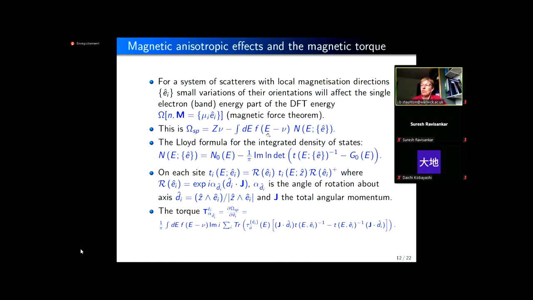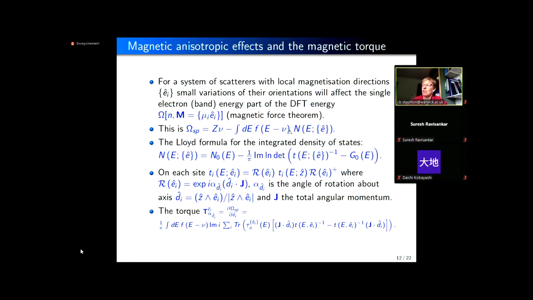But one can then carry out an integration by parts to re-express this. So now we've got the total number of electrons one would have in the system, or at least per site, multiplied by the chemical potential or Fermi energy, minus this integral of a quantity which is the integrated density of states. What this is doing is counting up the number of states that are occupied up to some energy, and then one's integrating this quantity up to the Fermi energy.